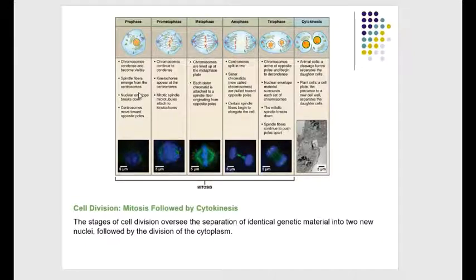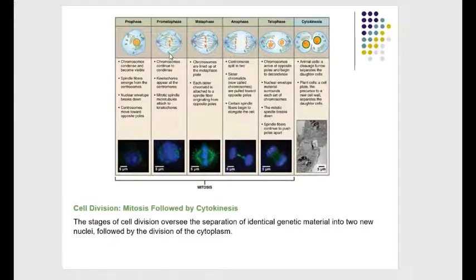And then you're going to see the nucleus dissolve its nuclear envelope, and that's going to allow for easy access of the chromosomes. And the last stage of prophase is the centrosomes are going to move towards opposite poles. Okay, we'll talk about what the centrosomes do in a second.